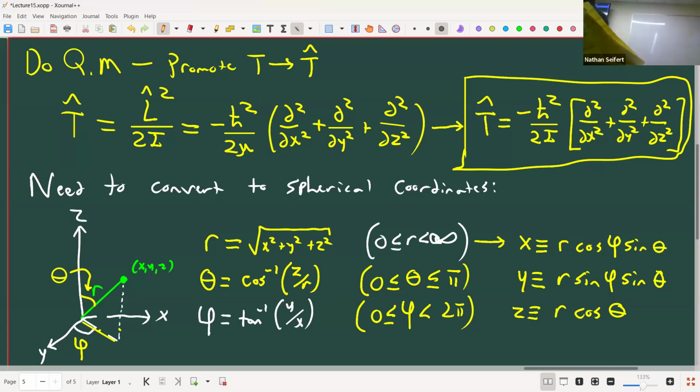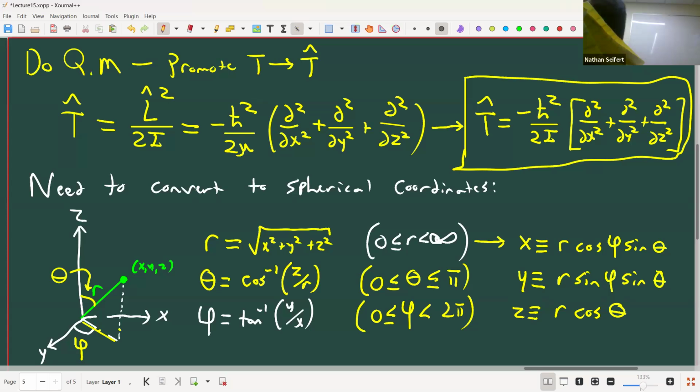The problem is now we have to do a coordinate conversion of our operator from x, y, and z coordinates into r, theta, and phi. So in order to convert, say, the second derivative of x, we have to take two derivatives of this function, and then two derivatives of this function and two derivatives of this function, and then arrange everything in terms of r terms, theta terms, and phi terms.